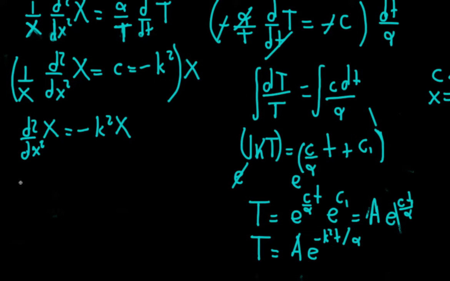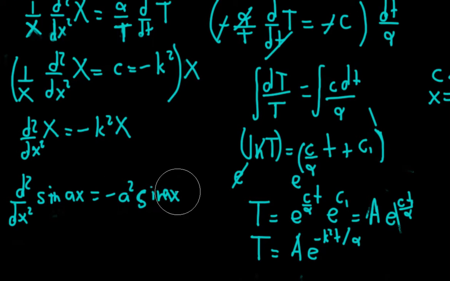Both of them have this property. You should be able to prove this if you don't believe me: the double derivative with respect to x of the sine of a x is equal to minus a squared times the sine of a x.